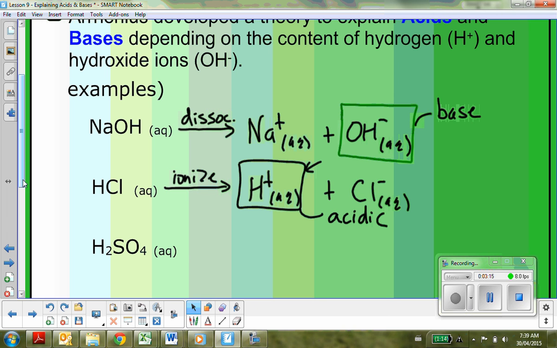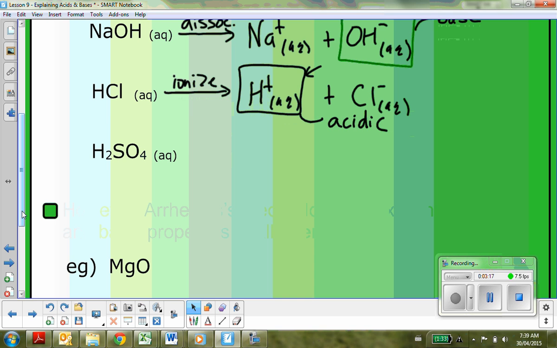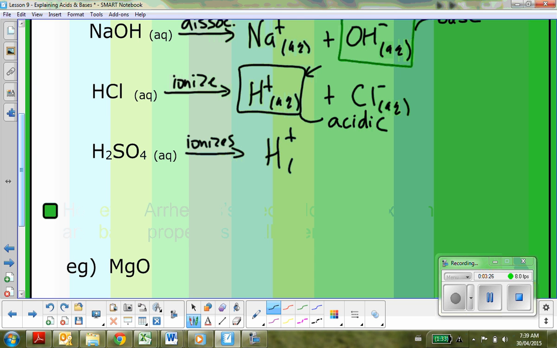Okay, let's look at one last one. So sulfuric acid, same thing. We can write the ionization equation for sulfuric acid. We say that it ionizes, which means it's going to break apart into hydrogen ions, sulfate ions. Okay, and remember, if you can't remember your charges, you just look them up in your periodic table. I just use these all the time, so I've memorized the charges. Okay, and same thing again.